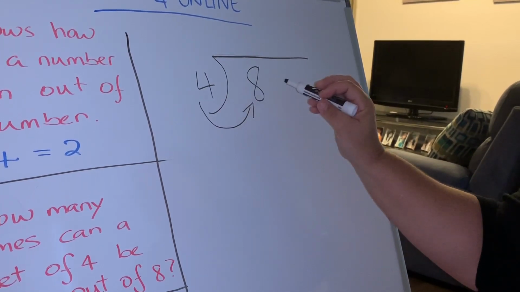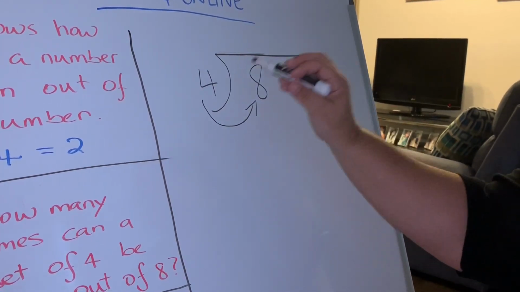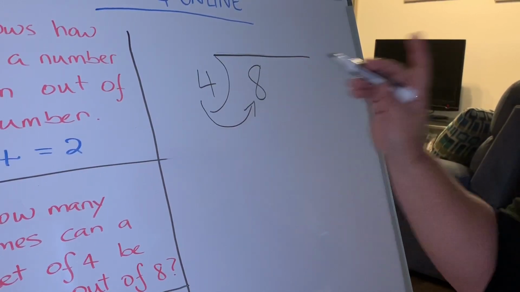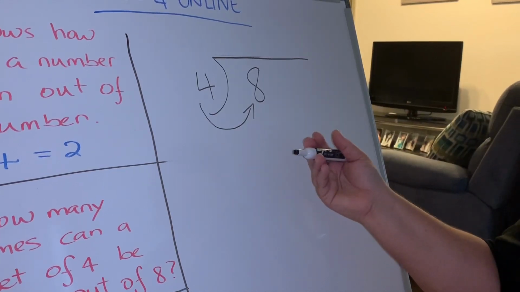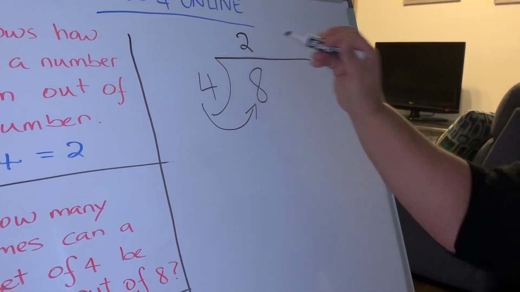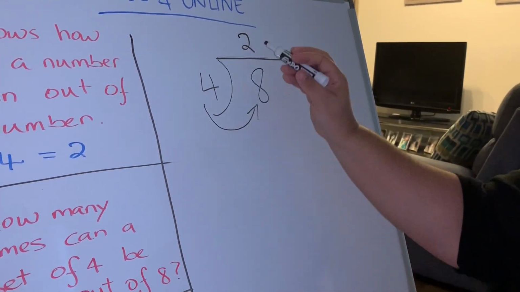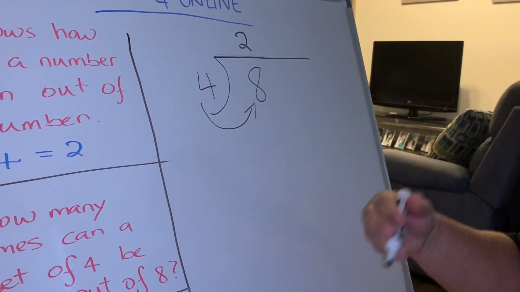And the idea is, as long as 8 is bigger than 4, it means I can take 4 out of it. How many times can I take 4 out of it? 2 times. Okay?